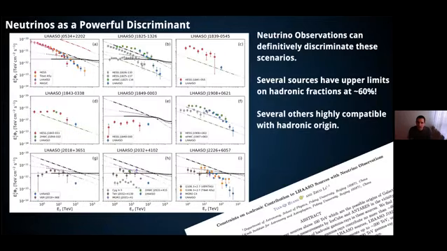And to bring this back to the idea of something like the WIN conference, neutrinos are the most powerful discriminant, which was very quickly pointed out in a paper by Huang and Li, who looked at the neutrino fluxes from IceCube for many of these sources and noted that potentially there are many of them that could be compatible with a hadronic origin, but several for which the neutrino flux appears to rule out a dominant hadronic component.